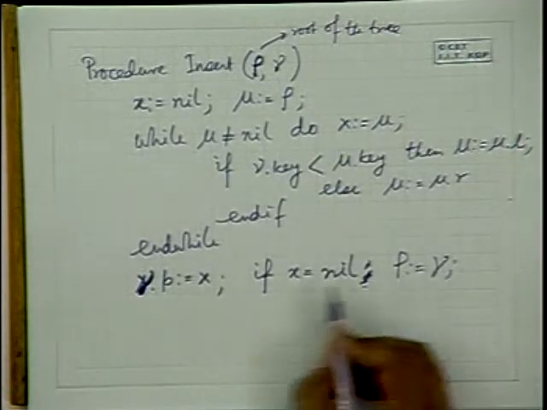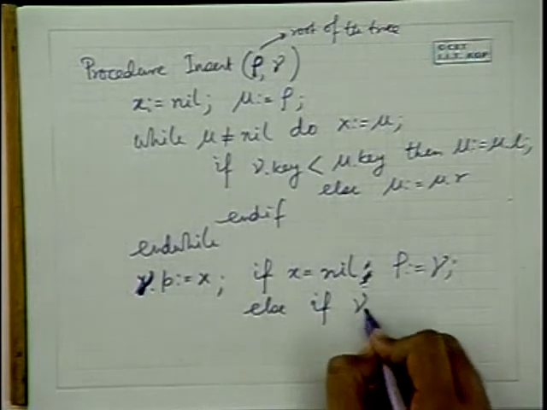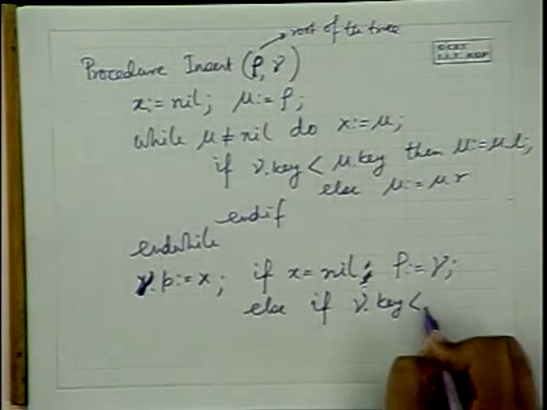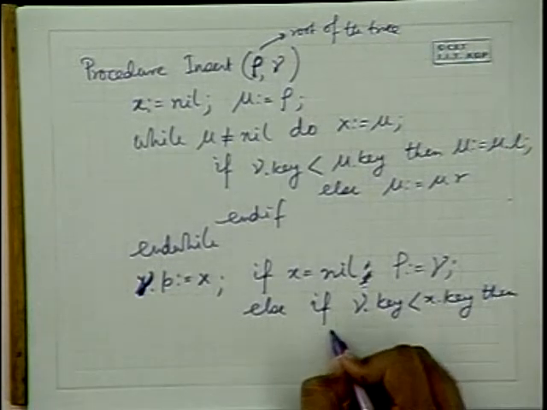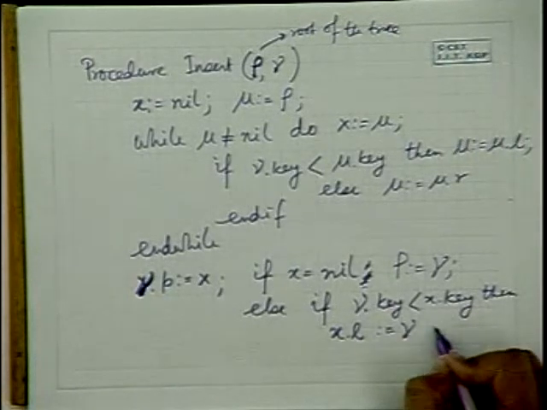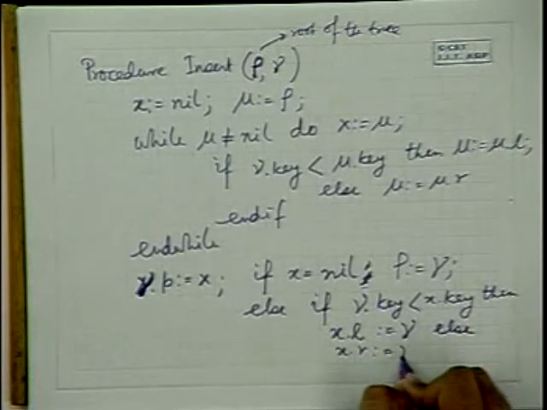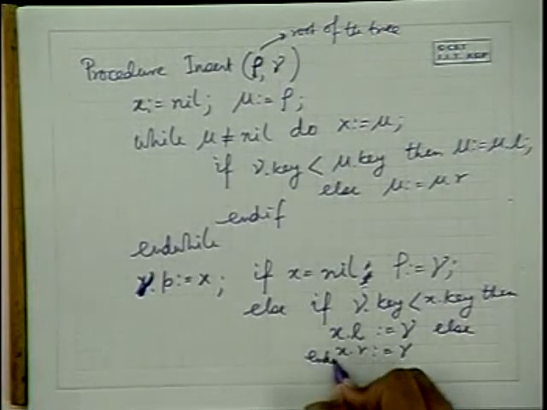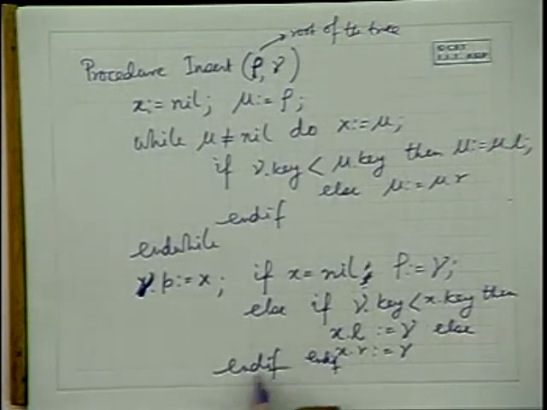So this is the boundary condition. Else, if new dot key is less than x dot key, then obviously x dot L is equal to new, else x dot R is equal to new, end if. And that's it. Okay.